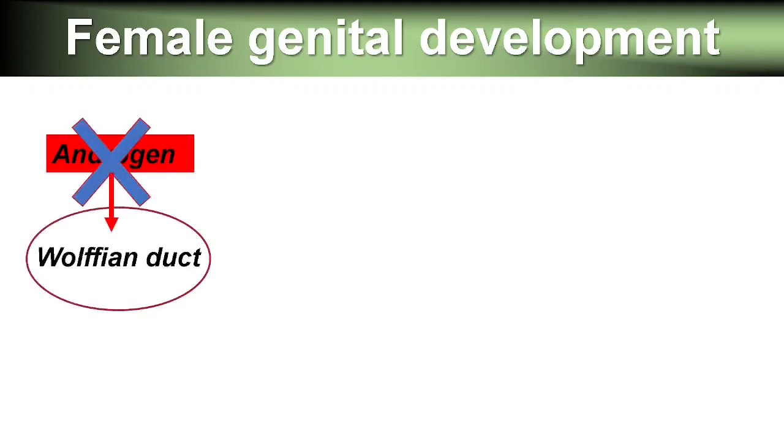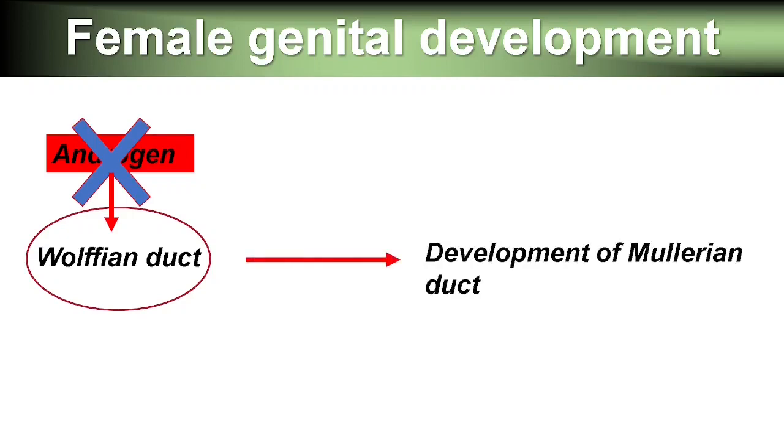So the development of the female genital system occurs in the absence of androgen, because the gonad, the ovary, will not produce androgen. When androgen is not there in the developing fetus, the Wolffian duct will not develop. When the Wolffian duct does not develop, the Mullerian duct will develop automatically.